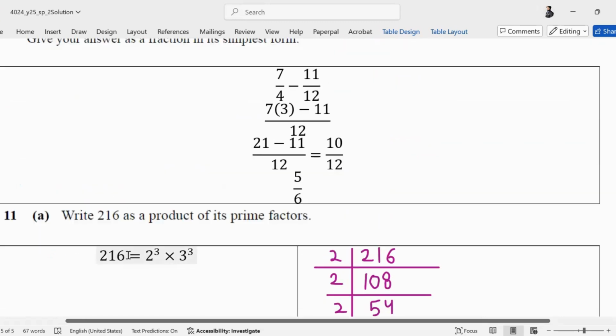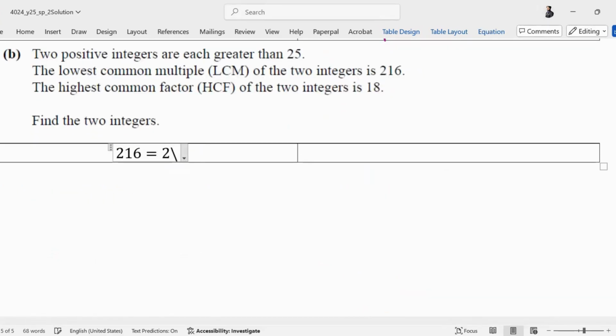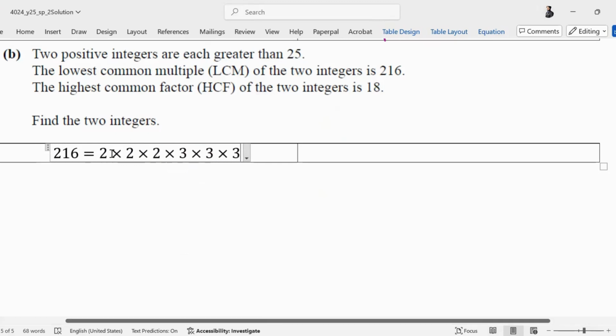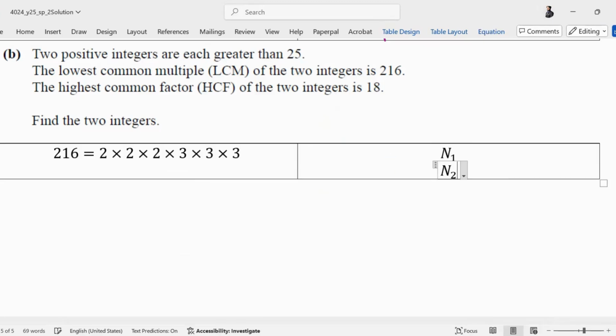So if I were to tell you that 216 has both the numbers in it, now 216 is 2 into 2 into 2, I'm deliberately writing it this way, into 3 into 3 into 3. Now this number has both those integers in it. The integer can be 2 2s and 2 3s, but this has both those integers. So I'm calling one integer the integer 1 and the other one the integer 2.